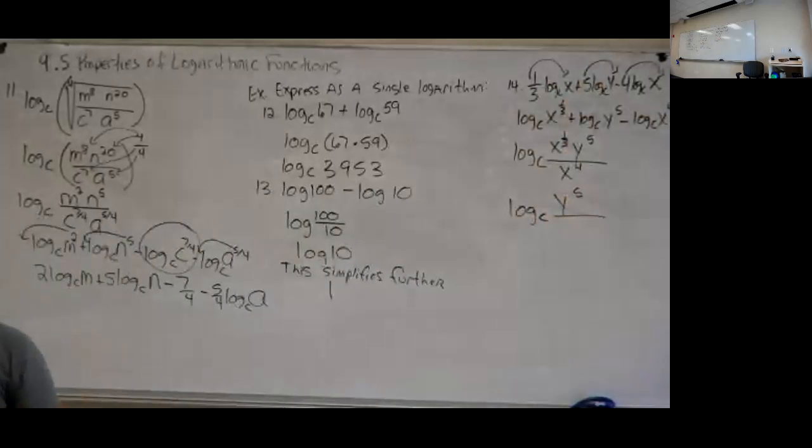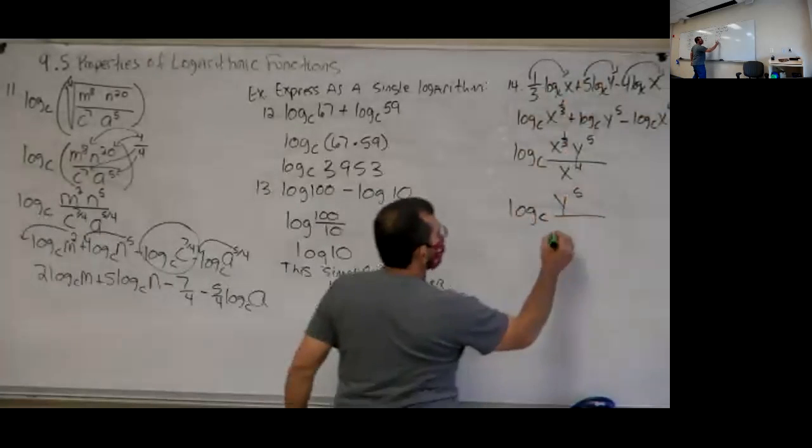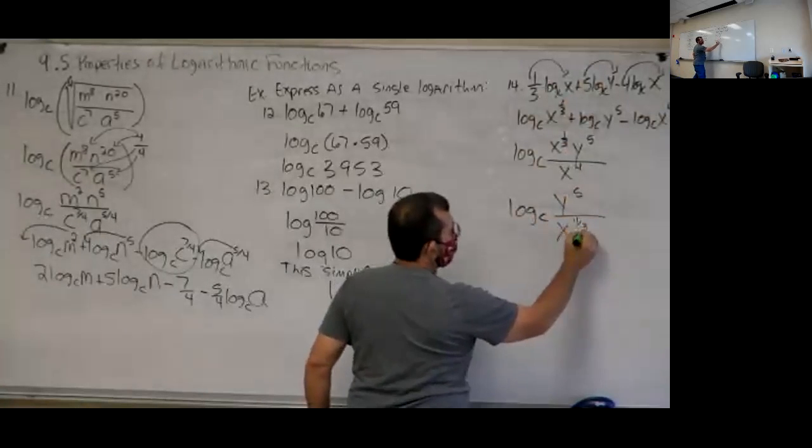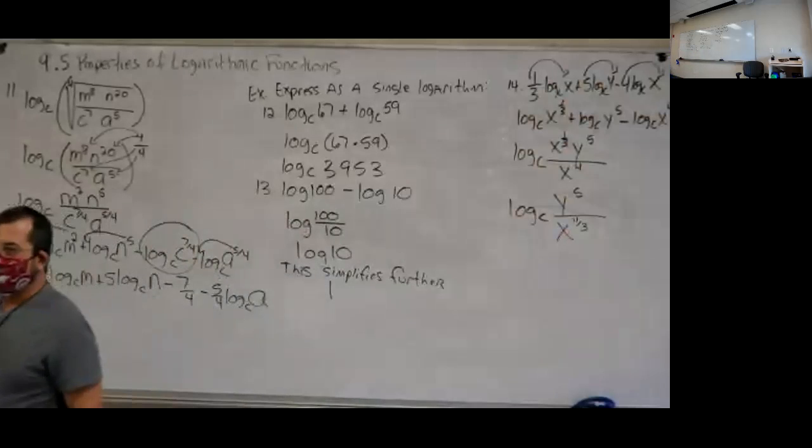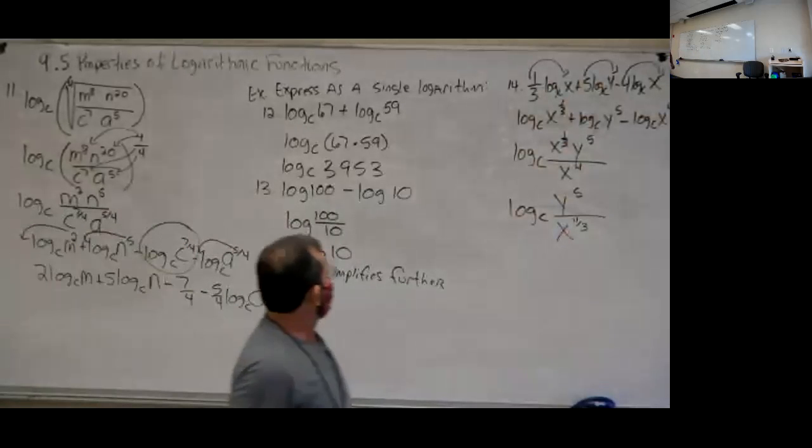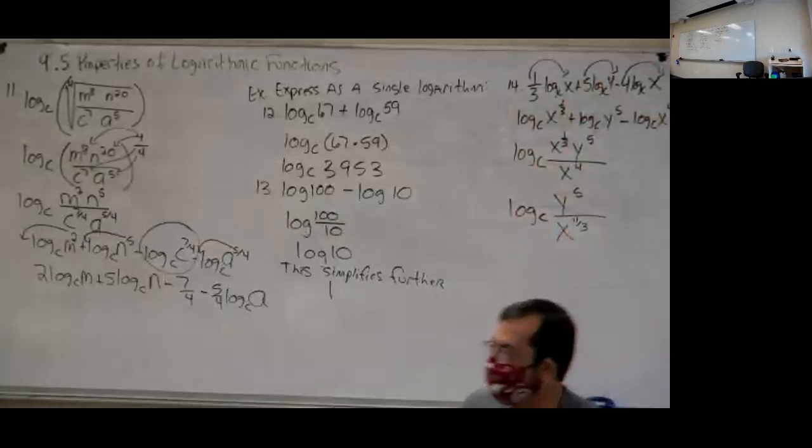And then keep it as an improper fraction. We don't care about the mixed-number form. I'm hoping y'all get something like this. So I need to do 4 minus the 1/3.